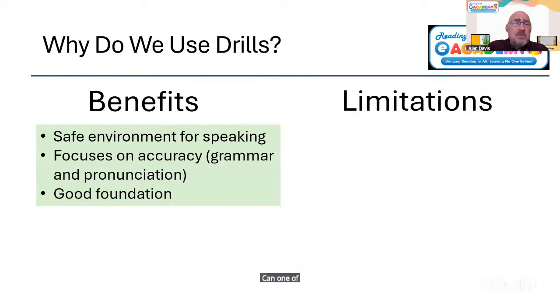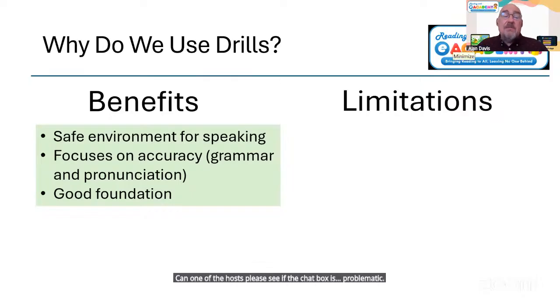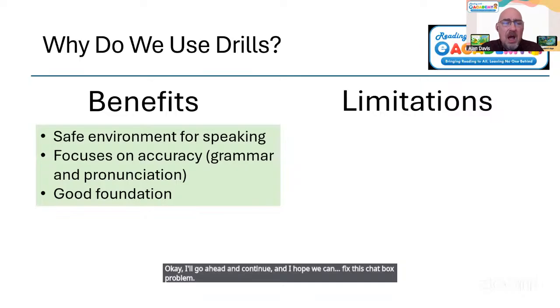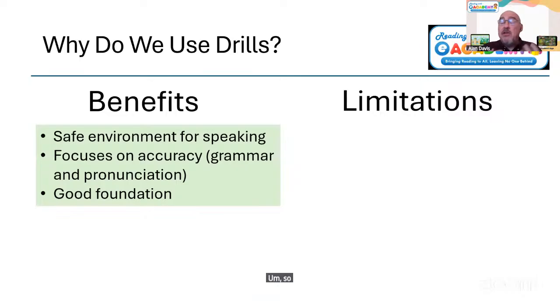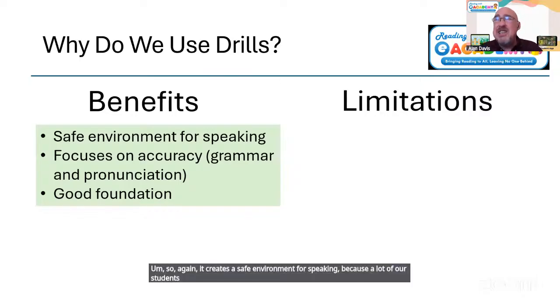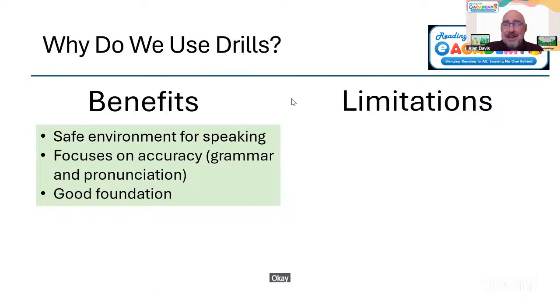Can one of the hosts please see if the chat box is problematic? Okay, I'll go ahead and continue, and I hope we can fix this chat box problem. So again, it creates a safe environment for speaking because a lot of our students are too shy to speak out in public, right? Oh, I think the chats are working now. Okay, I think it's working.